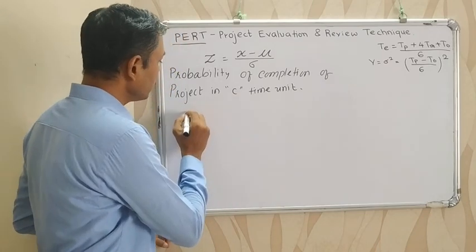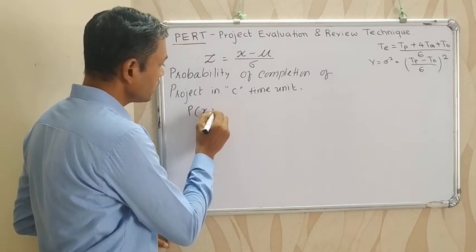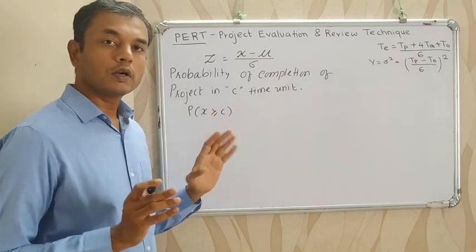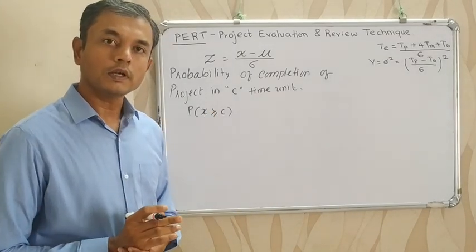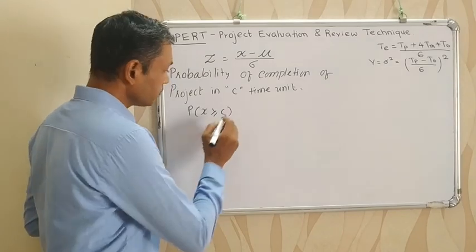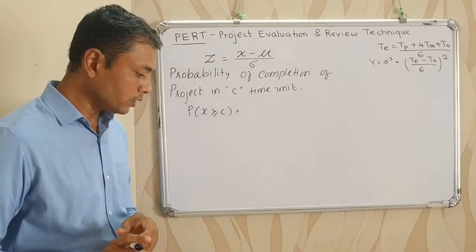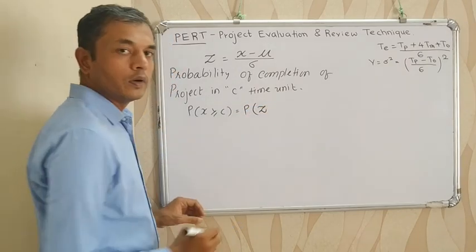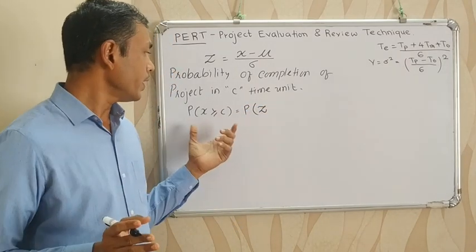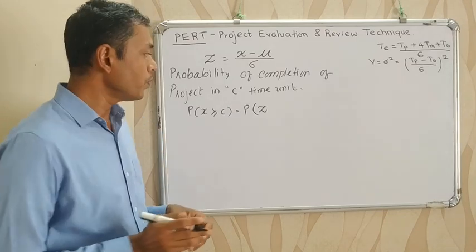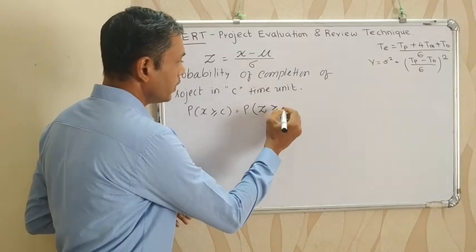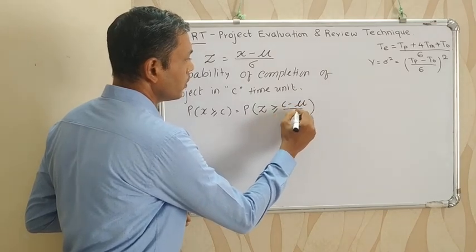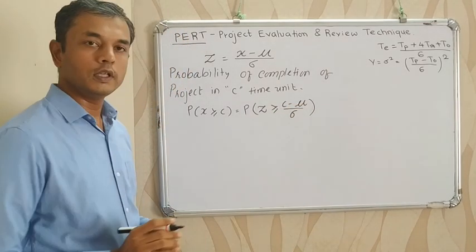So we can say that it is probability of x greater than or equal to C. So x is a completion time. So we can say that probability of x greater than or equal to C is equal to probability of z greater than or equal to C minus mu divided by sigma.